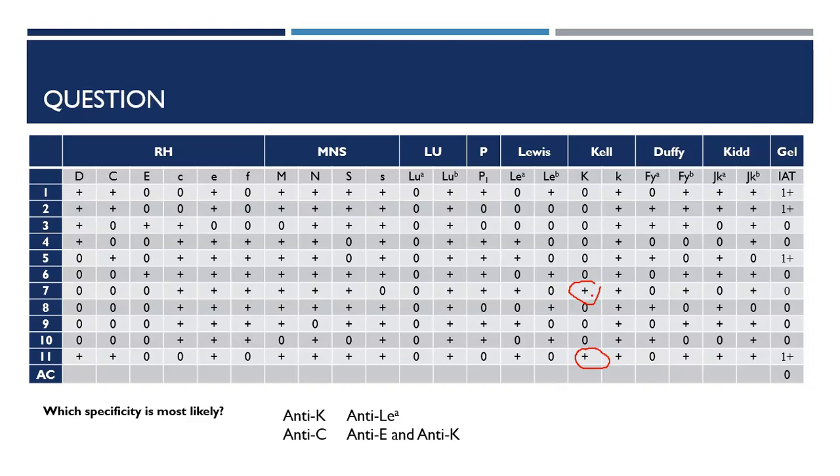Because it's big K, it can be a heterozygous specificity. I do have 1 panel cell that's reacting when big K is present, but I also have 1 panel cell that's negatively reacting when big K is present. So I could actually rule big K out based on this negatively reacting cell. So anti-big K is not a possibility.